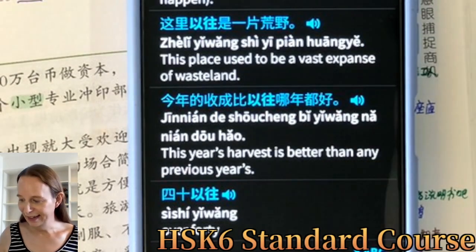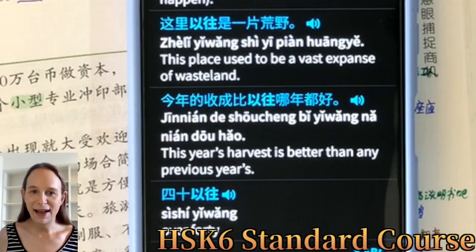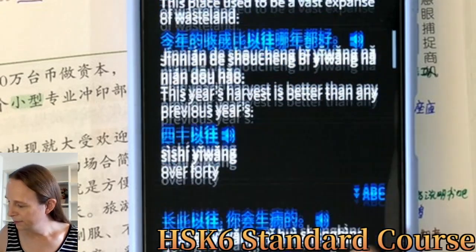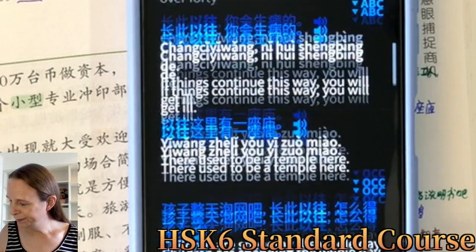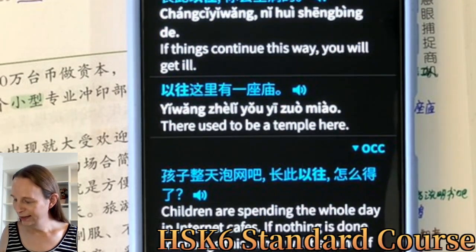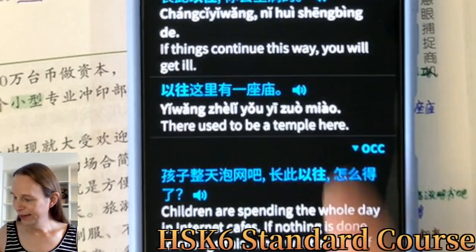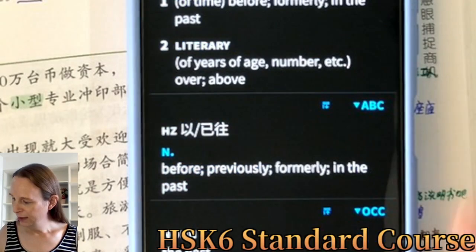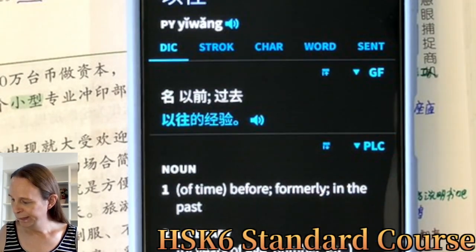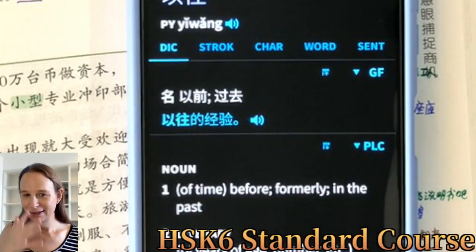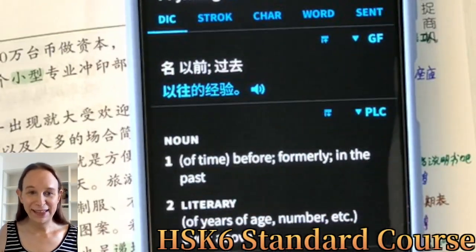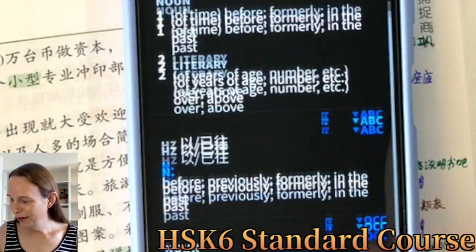So here the 哪年 means any year in the past, all previous years. So 以往. You could just say 过去. Why do we need this word? 过去. Or 以前 or 之前. Why do we need this word? 以往.